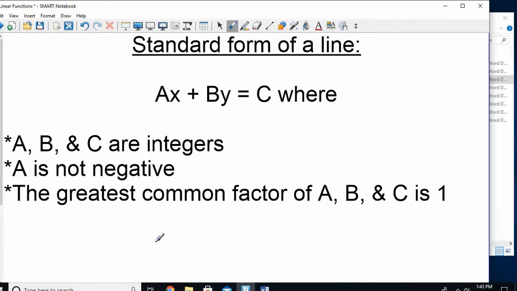In other words, if they were all even, you would need to divide everything by 2.